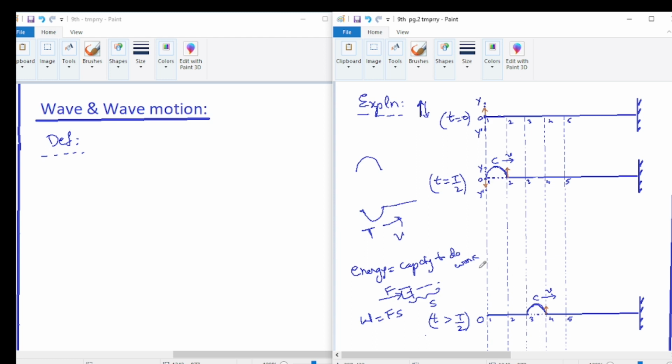So another way of defining wave and wave motion: already we have seen the simplest meaning of wave. A wave is nothing but a disturbance which is created at a point in a medium and travels along the medium due to the vibrations of the particles about their mean positions. Such a motion of a disturbance is called wave motion, and this disturbance which is really moving, for example here a crest or here a trough, itself is called a wave.